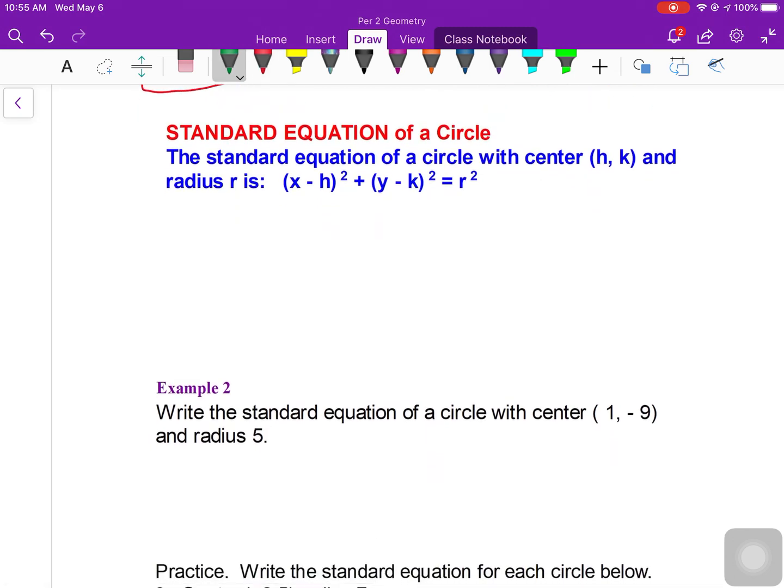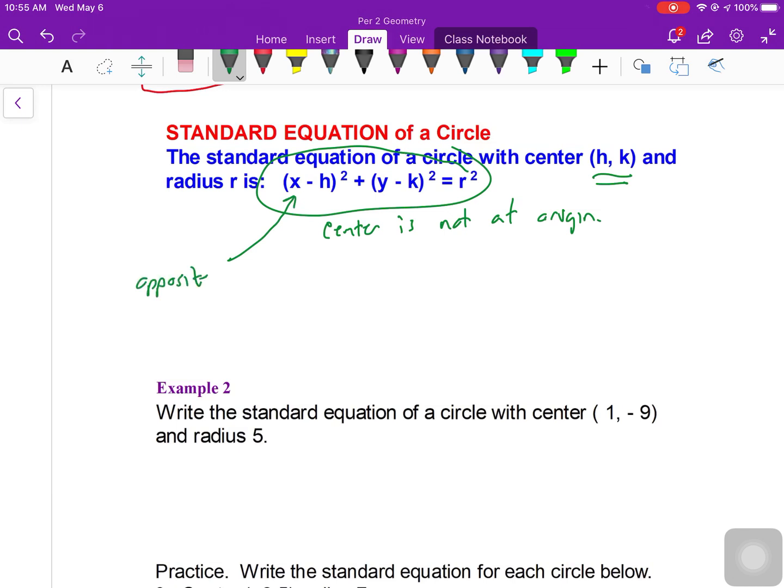Now, if the center is anywhere other than the origin, then we have a different standard form. So this is the standard form when the center is not at the origin. And this would be when the center is at (h, k).